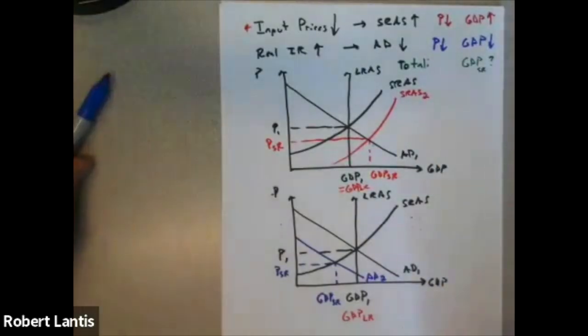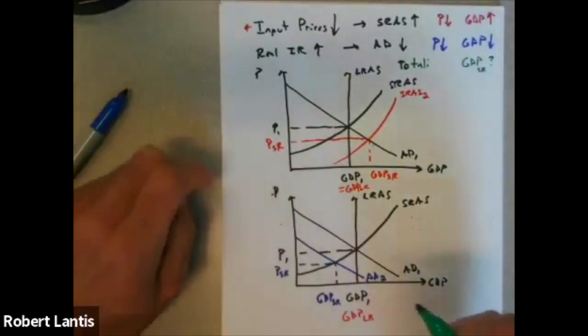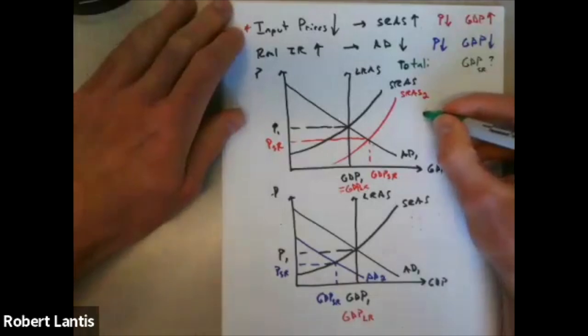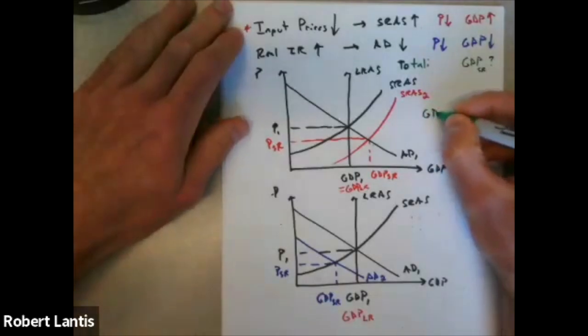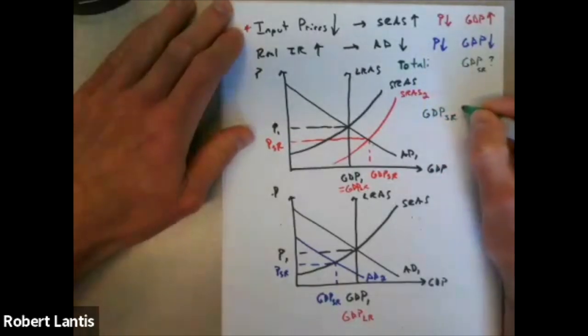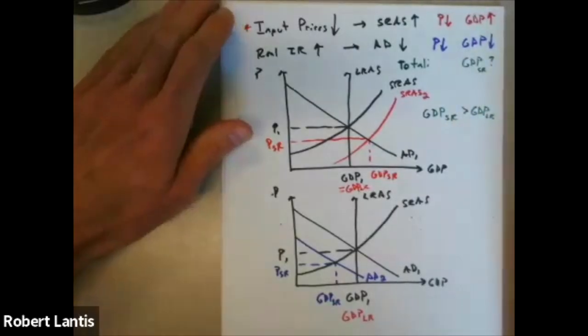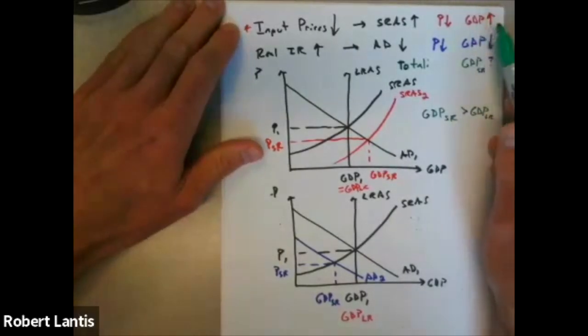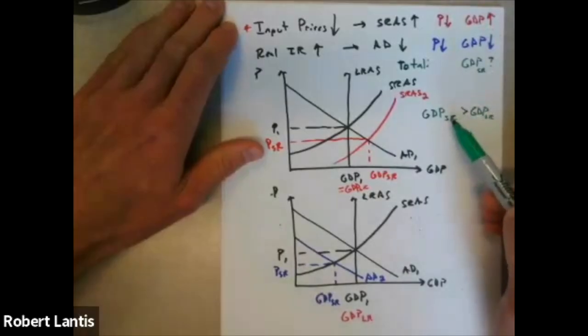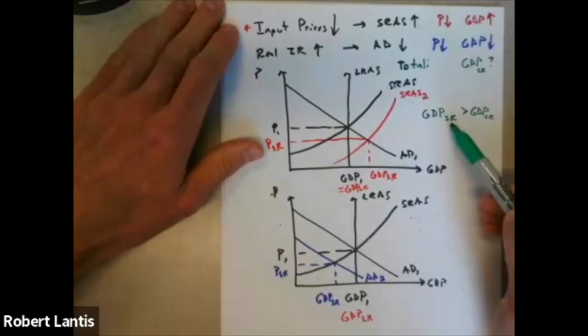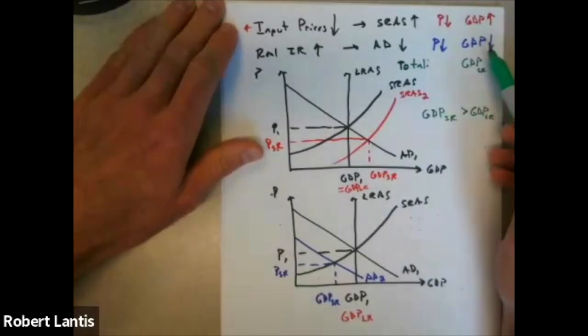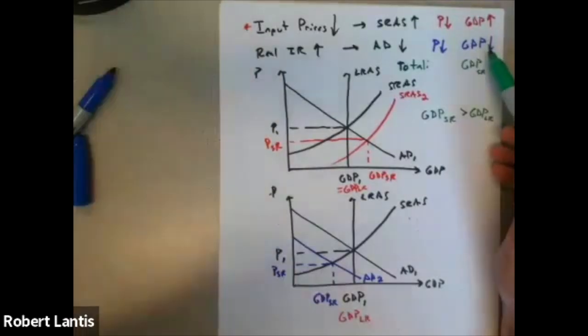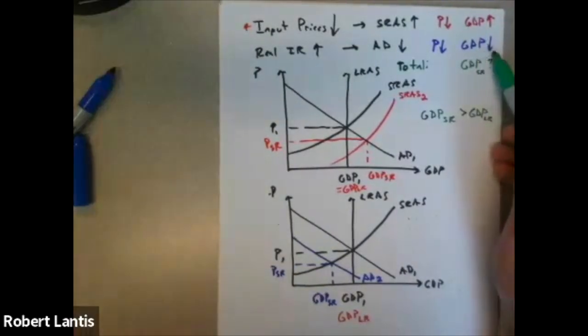So if I have an inflationary gap, which is what I was told in the problem, well, then I know inflationary gap means the current GDP in the short run is actually greater than our long run GDP. So it would have to be the effect that's causing GDP to go up that is larger. In order to have an inflationary gap, that short run supply shock must be greater, because it's the effect that's dominating.